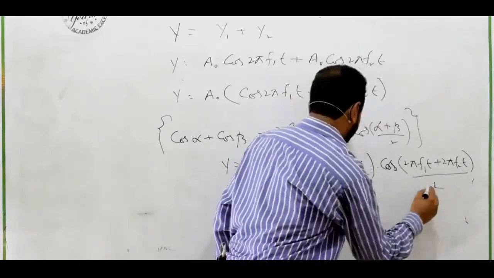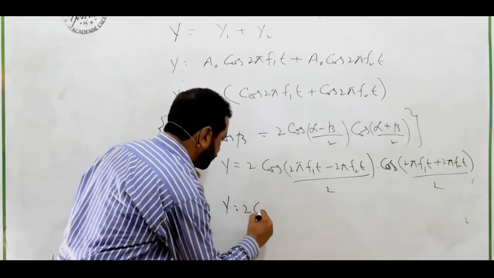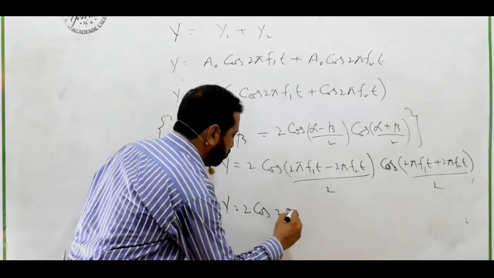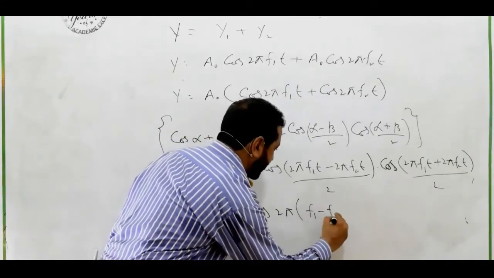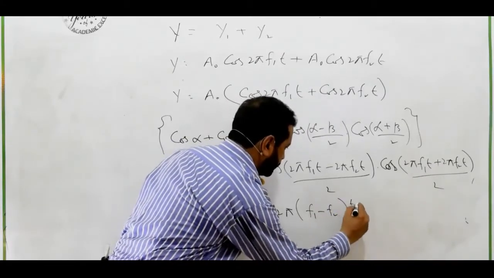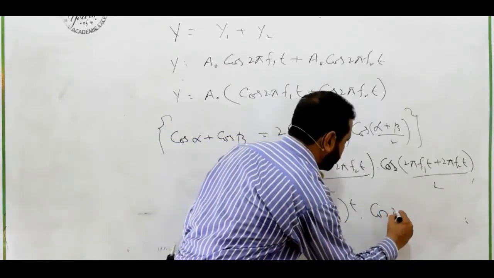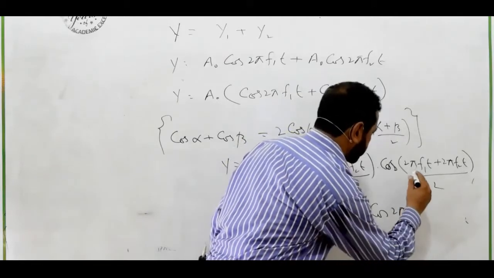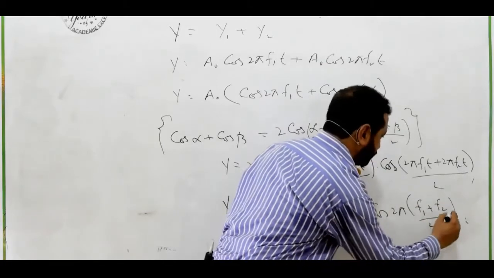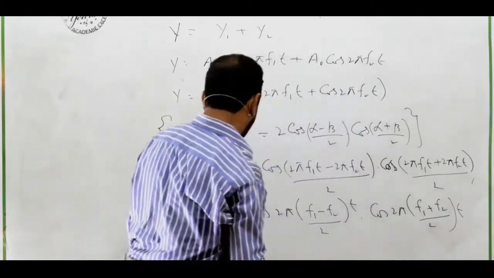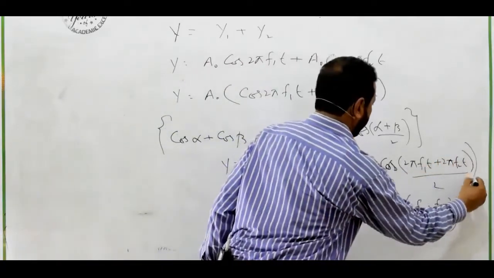Taking common terms, y is equal to 2 cos of 2 pi (f1 minus f2) t divided by 2, and cos of 2 pi (f1 plus f2) divided by 2 into t.